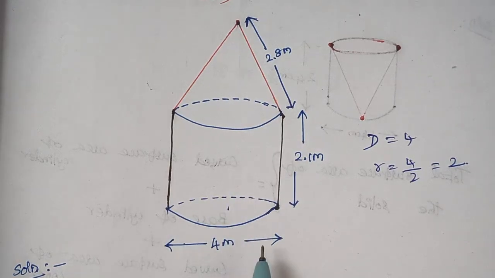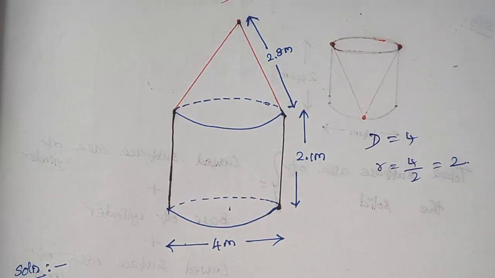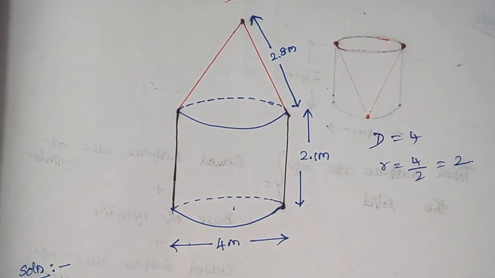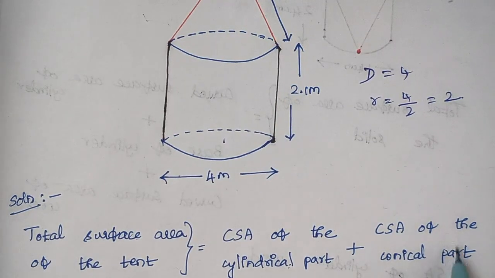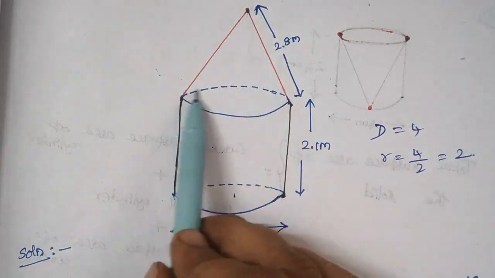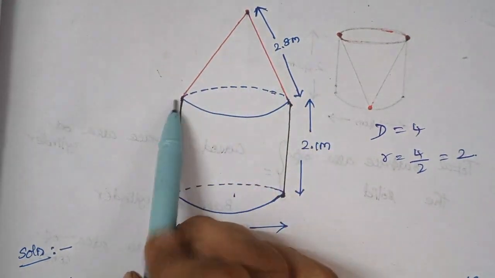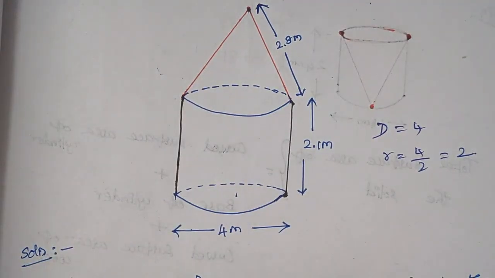But here, I have considered only the curved surface area of the cylinder, then the curved surface area of the cone. The curved surface area of the cone includes both this area as well as this area. Again, this problem deals with canvas.